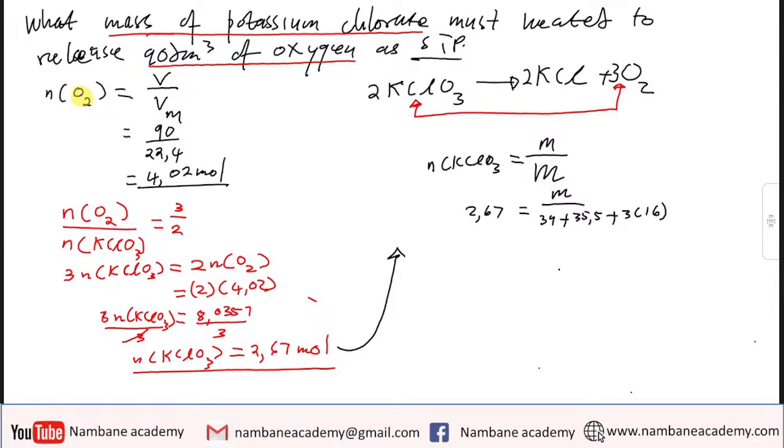This will give us m over 122,5 equals 2,67, then multiply by 122,5. We find that the mass of KClO3 is equal to 327,075 grams. Then that is your final answer.